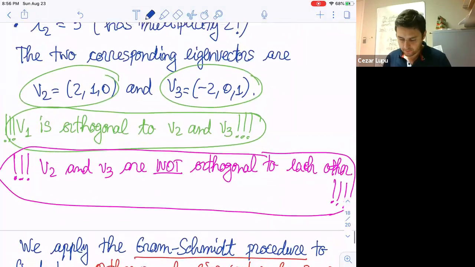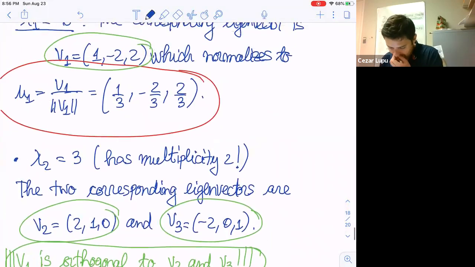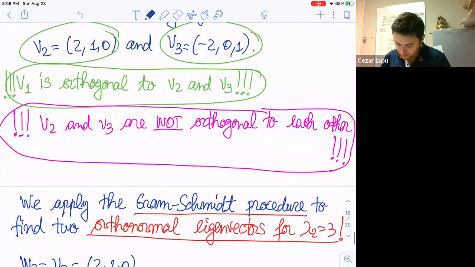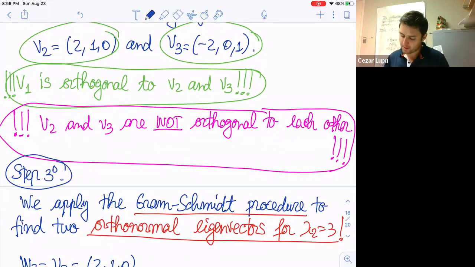And now this was step 3, I forgot to mention it, when we apply the Gram-Schmidt.